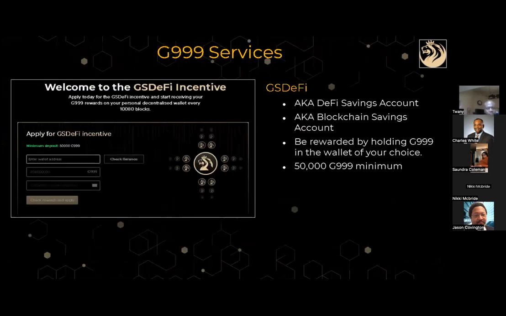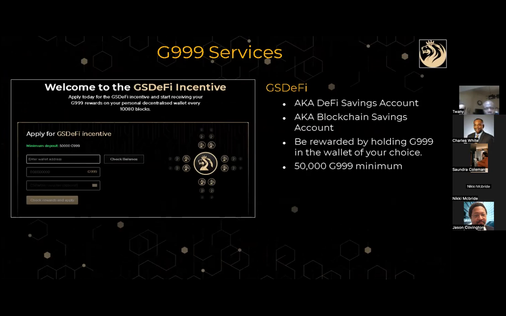The GSDeFi, or the DeFi version of this, also known as the DeFi savings account or the blockchain savings account, is one of the first services we've had in GS Partners.